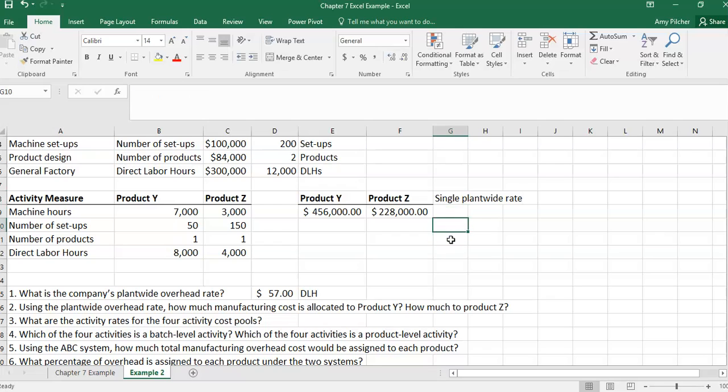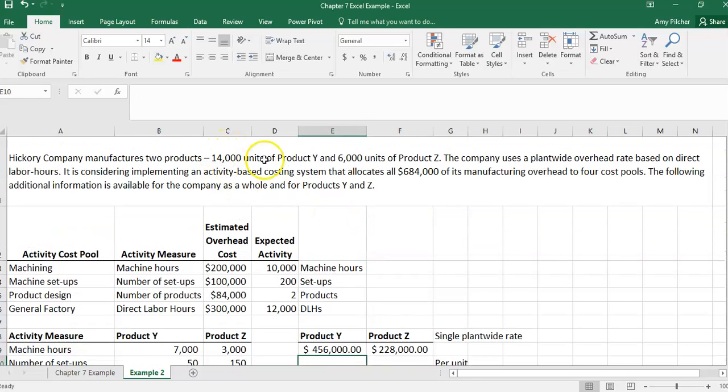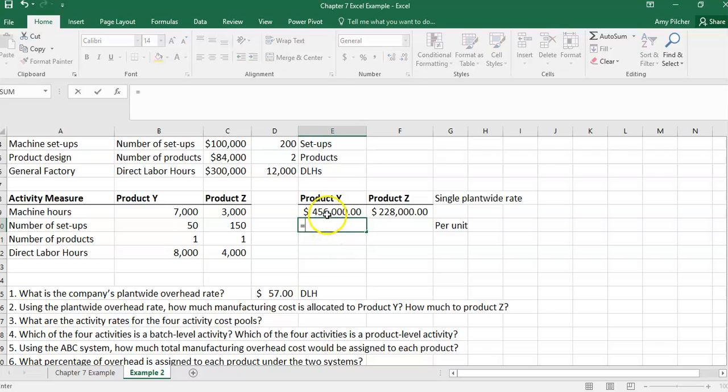We can also look at a per unit basis. It tells us that we have 14,000 units of product Y and 6,000 units of product Z. So if we take 456,000 divided by 14,000, and for product Z, we made 6,000 of.